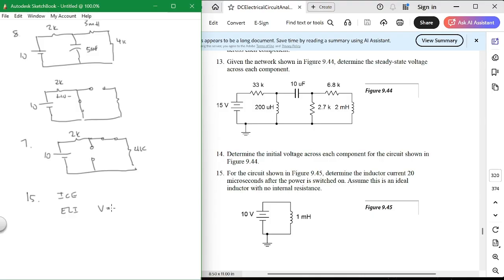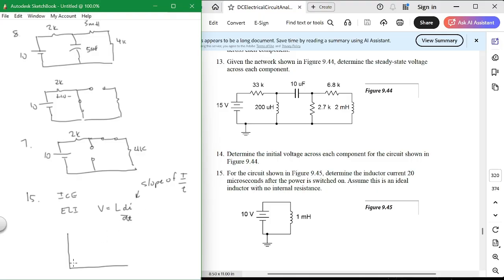So voltage is equal to L derivative of I with respect to t. So this is the slope of I over t. Now we have a picture here of voltage, which is 10.